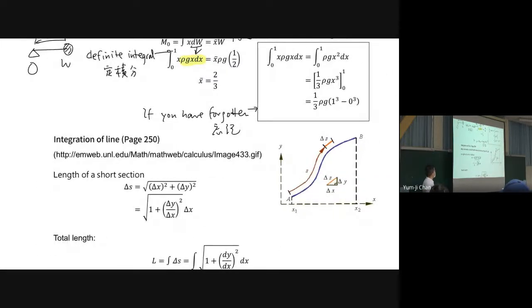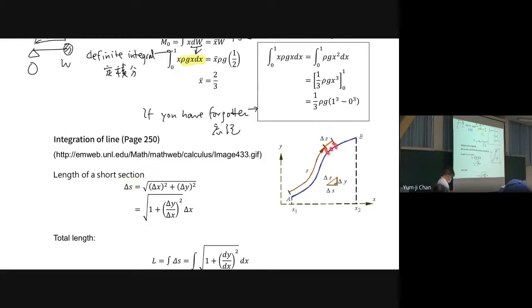Let's consider the length of a short section, delta S, here. For this short section delta S, of course, it has a component in X direction and a component in Y direction.